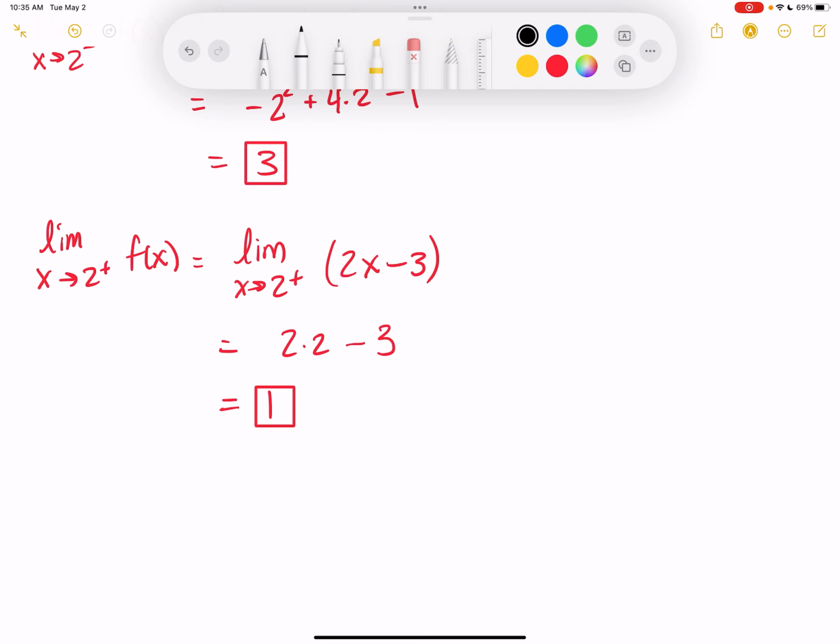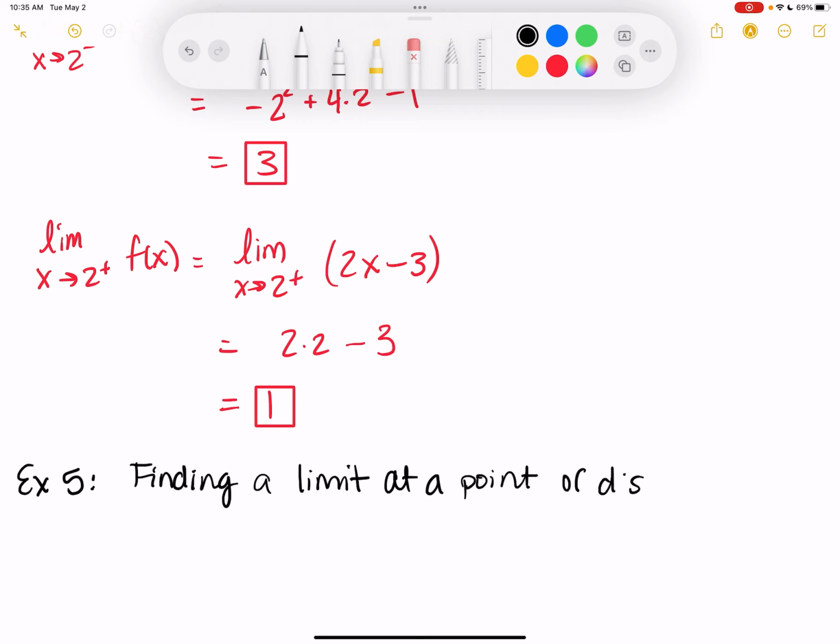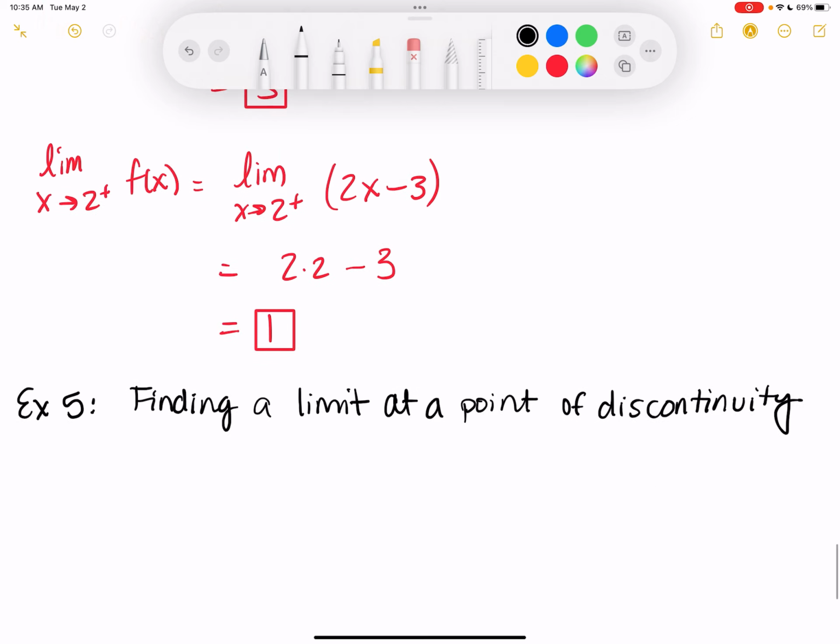All right, next one. Finding a limit at a point of discontinuity. So again, all this is going to be given to you.